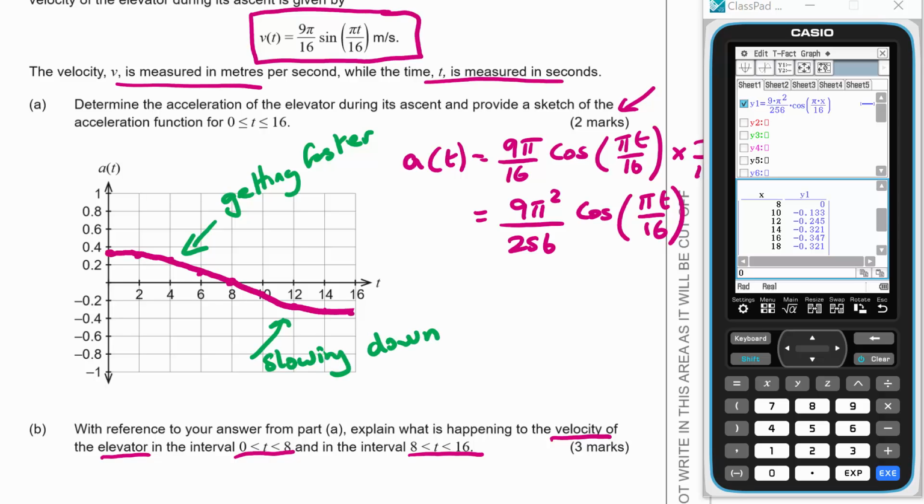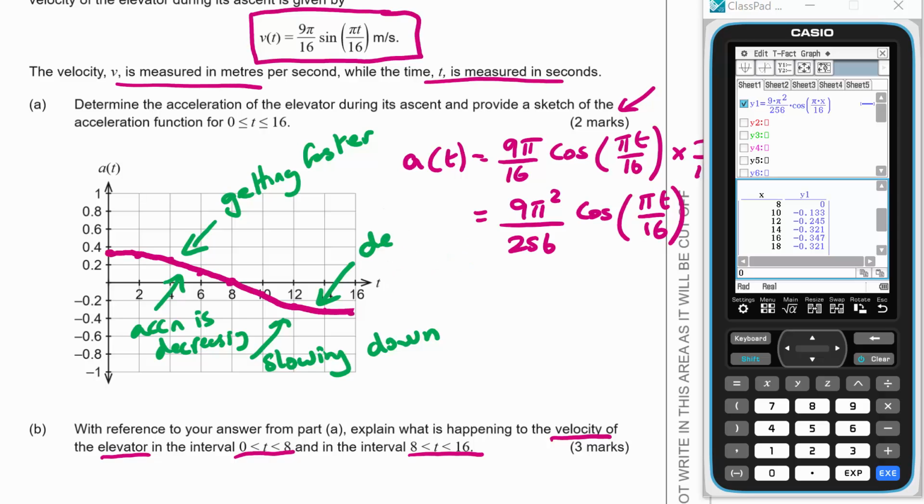And if we look at this, it's getting faster, but the acceleration is decreasing. And here the acceleration is increasing, but of course, or when we say the deceleration is increasing might be better.